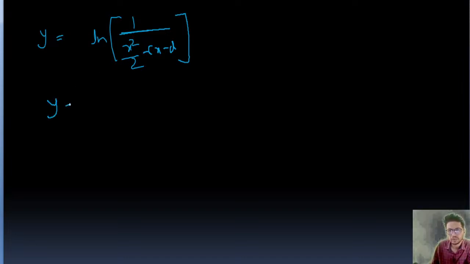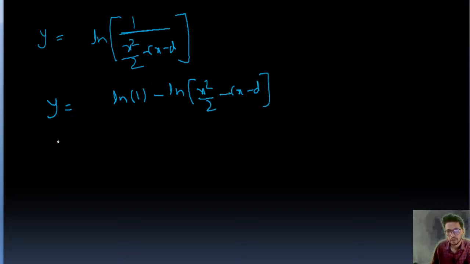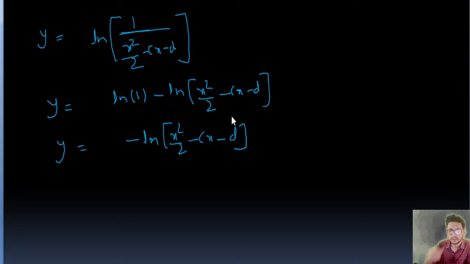Or we can write y equal to ln 1 minus ln of x square by 2 minus cx minus d. The log value of 1 is 0, right? Log 1 is 0, so this is going to be minus ln x square by 2 minus cx minus d.